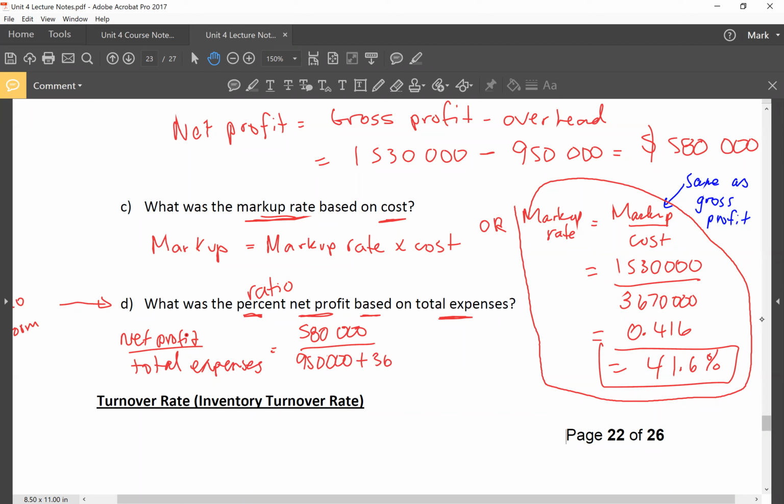Total expenses is every penny I spent on the business. And when you do that, you'll end up getting, oh, I had it on my calculator. The answer is around 13%, but let me just do this again on my calculator because I cleared it.